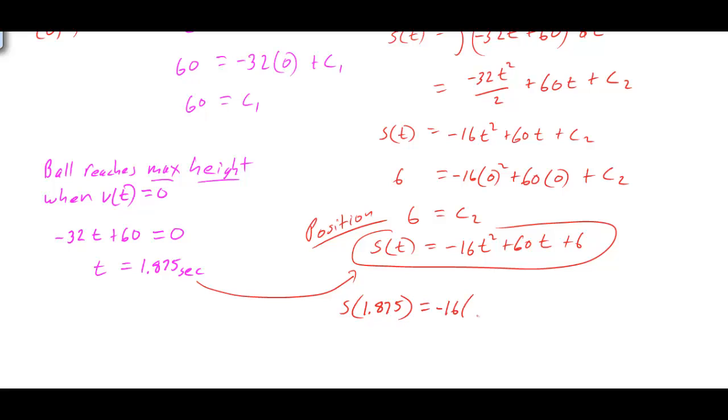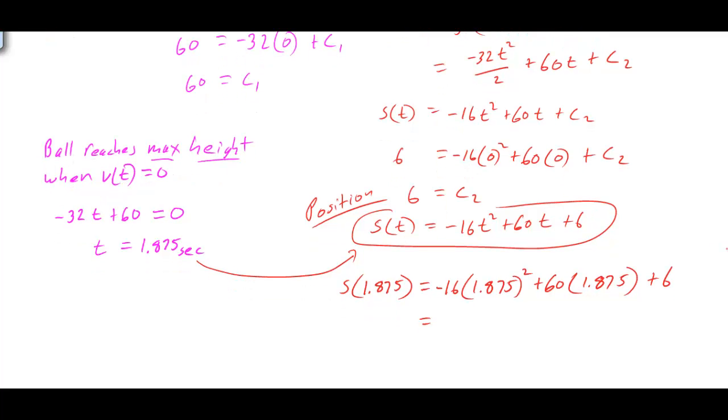So you'd have negative 16 times 1.875 squared plus 60 times 1.875 plus 6. And if we crunch the numbers here, you will find out it's going to be at a height of 62.25 feet. So we know it's going to take 1.875 seconds to reach this maximum height of 62.25 feet.